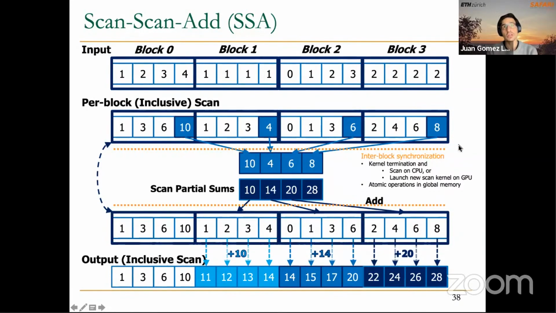Because after terminating the first kernel, we have to do this inter-block synchronization, and when we have a kernel termination, the only way of keeping the results is to store them into global memory. We cannot count on keeping some values in shared memory for them to be used by a later kernel. You can assume that the shared memory is completely flushed. So if one kernel wants to use something that was computed by a previous kernel, it will have to go to global memory to read it.